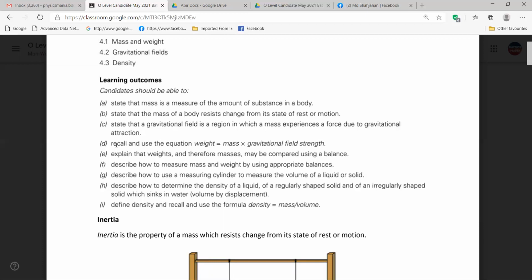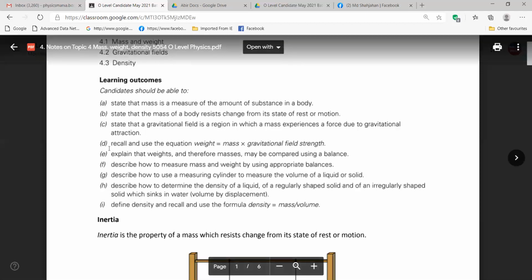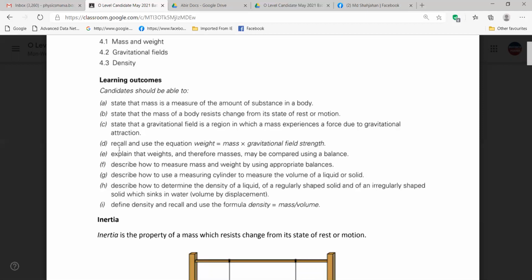Where gravitational attraction can work, that region is called gravitational field. If you go beyond that region, then no force of attraction will work on you. Is it clear? Gravitational field.